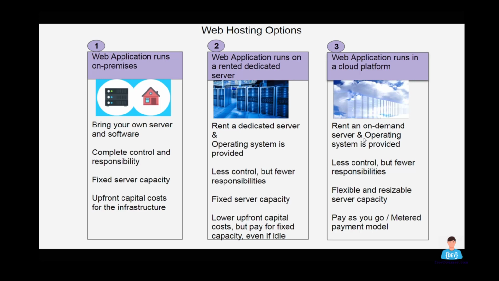Since that server is flexible and resizable, it can change its hardware characteristics based on a workload. So for instance, you can start off with a very basic server, and if there is lots of traffic to your website, then it can automatically increase the capacity of your server. And then at some point, if the traffic is low, it will automatically decrease the capacity of your server. So that's why it gives you really good flexibility and a really good resizable server.